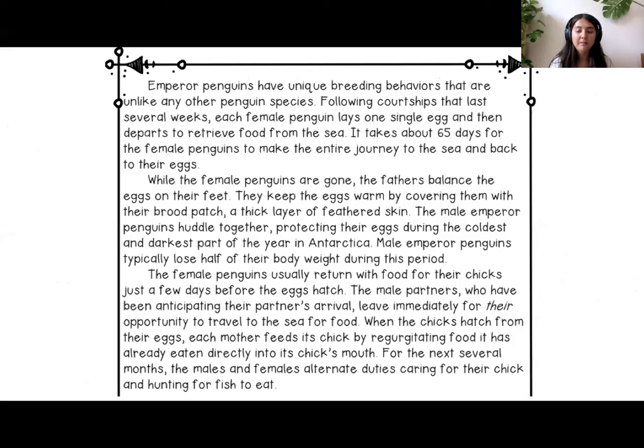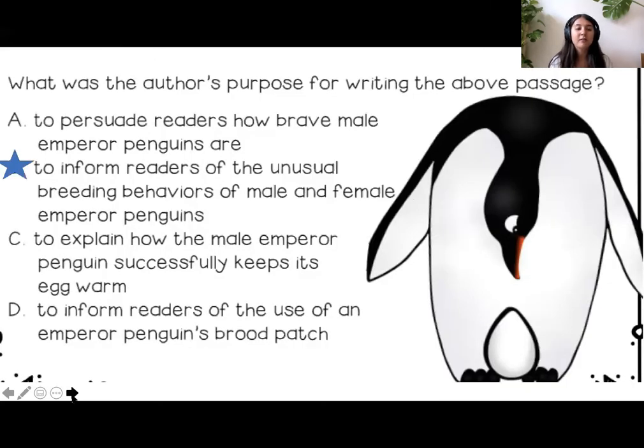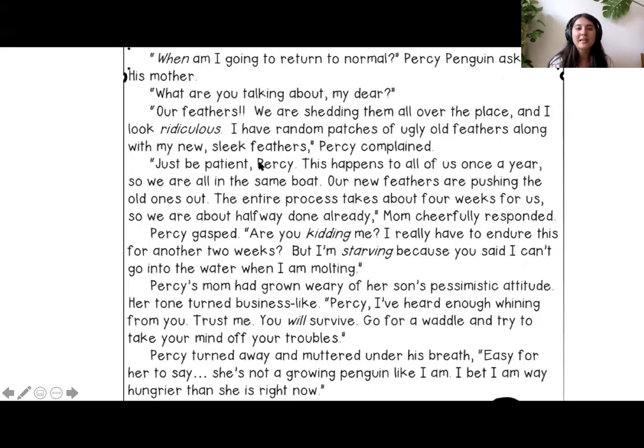And then when the mom comes back, the dad rushes off to get food because he's been very hungry for months. So here the answer is, just like Pat said, to inform you guys of the weird and unusual breeding behavior of female and male emperor penguins. Okay, next one.